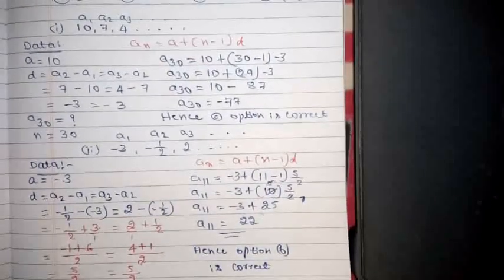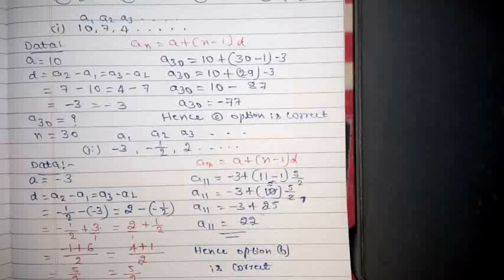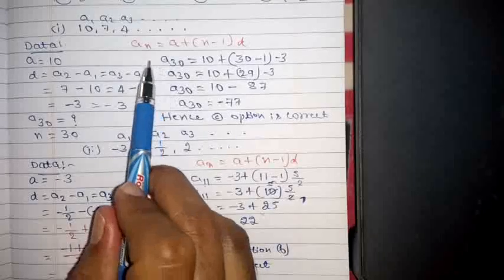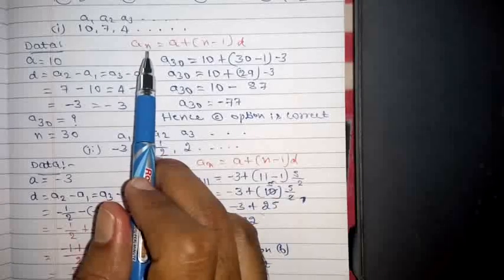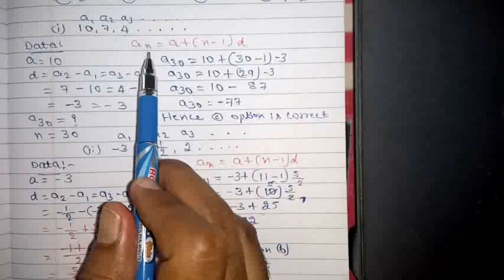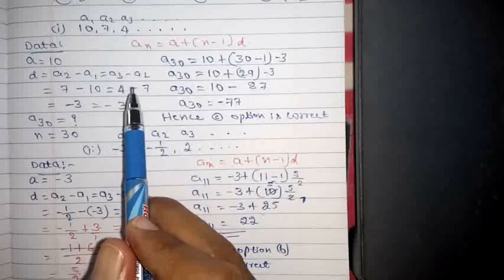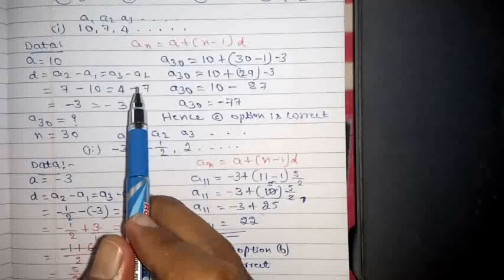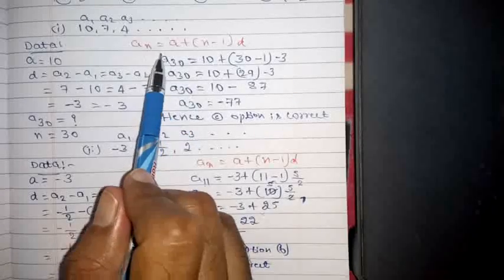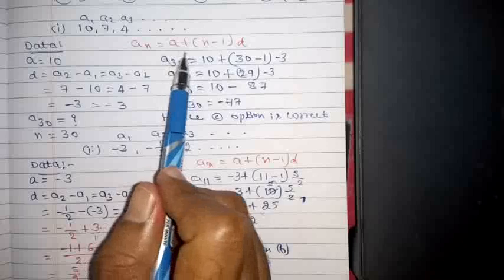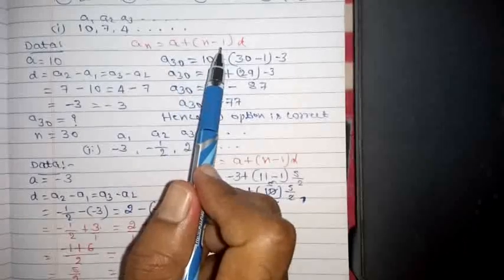It's a simple problem children, you can easily solve these problems, just you need to learn the an formula, wherever they have asked like find the 11th term, find the 30th term, find the 20th term, find the 15th term, just use this formula, an is equals to a plus n minus 1 into d.